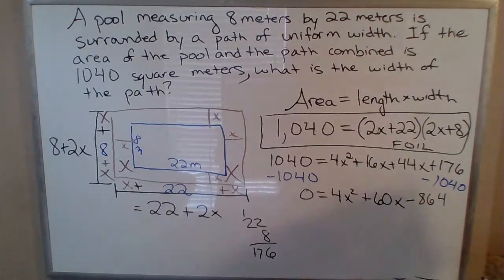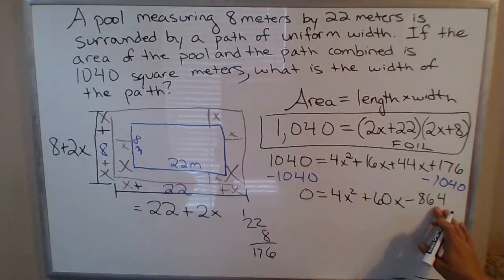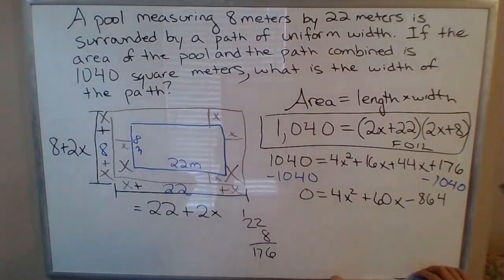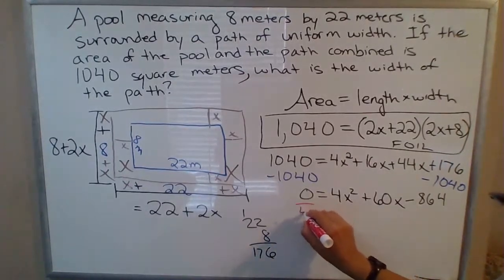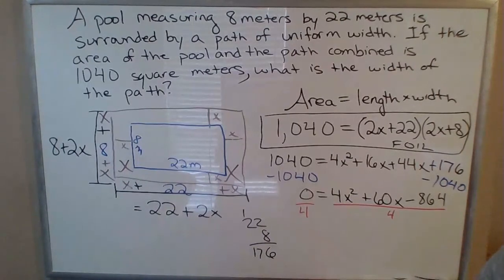Now, something to notice here, these are actually all divisible by 4. So if you suspect you have a common factor, it's worth checking that out. And with this one, yes, we could actually divide everything by 4, and it'll divide out evenly. So I'm going to divide both sides of this equation by 4.